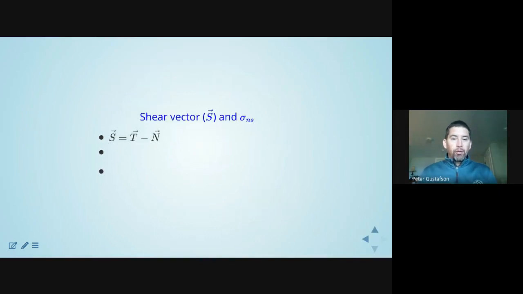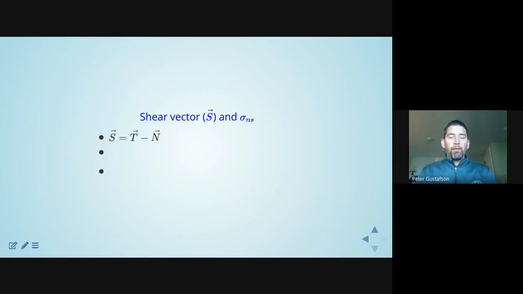Now, of course, we were also requested to compute the shear component of the traction vector. We could similarly calculate the shear stress, sigma ns, on this normal face. This calculation is relatively easy also, keeping in mind that the traction vector is the sum of the components.